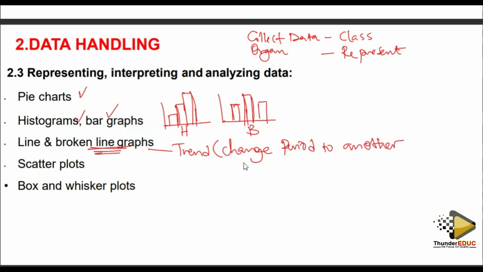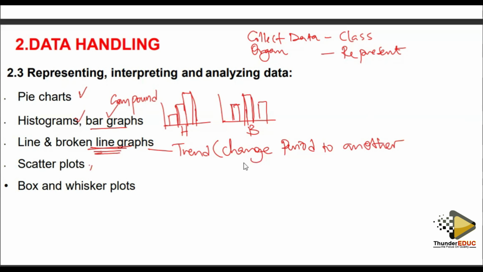A bar graph can also be a compound bar graph. This is when you have two or more bars representing one item. Some people call it a double bar graph, but it might be triple or it might have 5 of them. So that's why you say compound, meaning more than one.